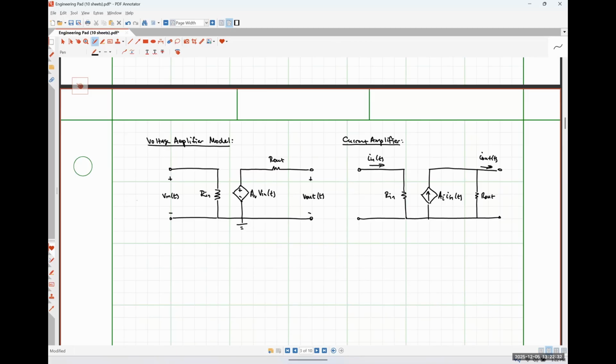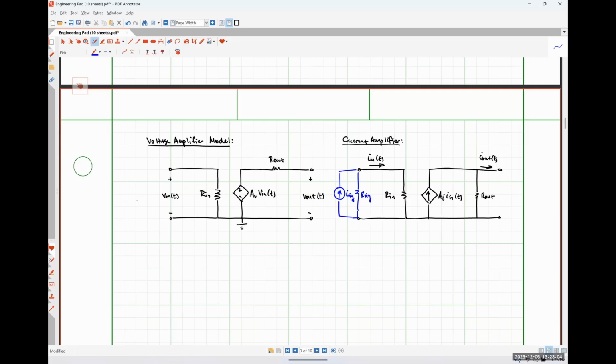So if we imagine very briefly, and again, I'm going to wind up erasing this in a moment, so you don't need to really write it down, a case where I'm attaching, let's just say, a practical current source here, right, on the input side.